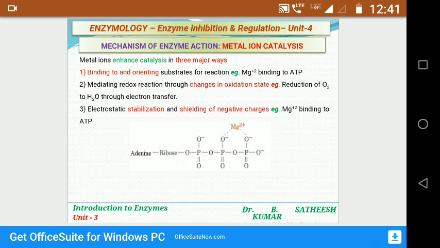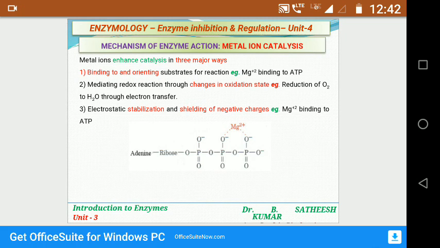So substrate must be bound in a proper orientation. That is assisted by the presence of metal ions, because the metal ions have positive charges and substrates may have negative charges. So the interaction takes place between the substrate negative charge and the metal ion positive charge. Therefore, the substrate will be oriented in a proper way.